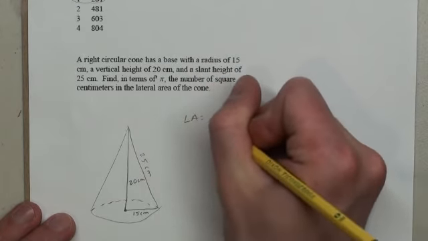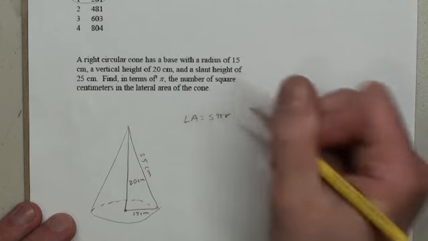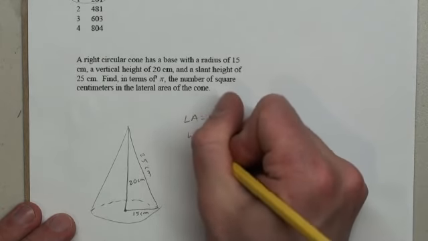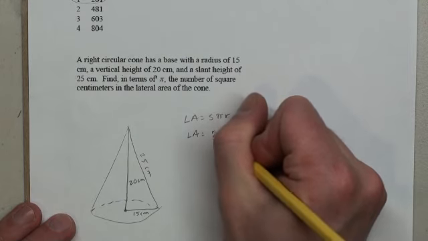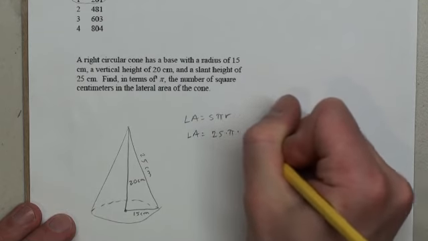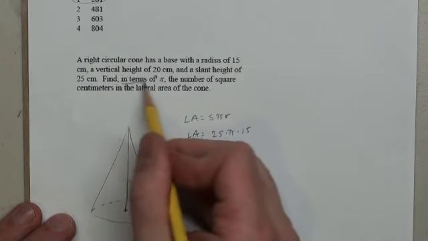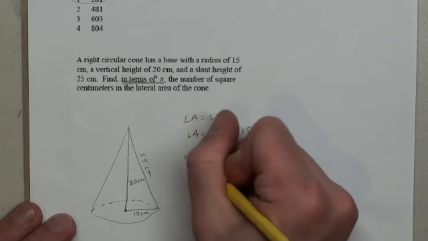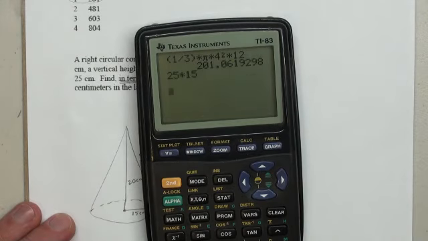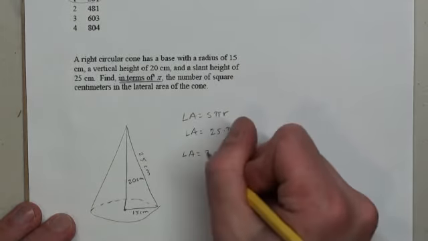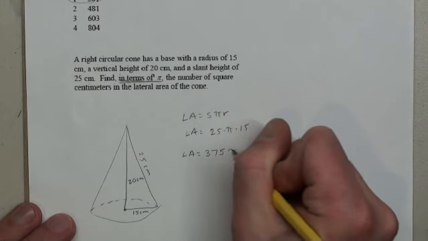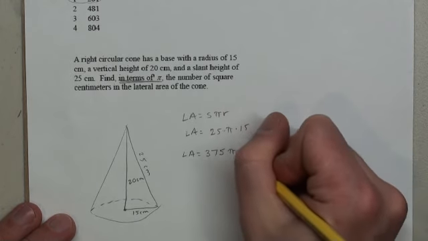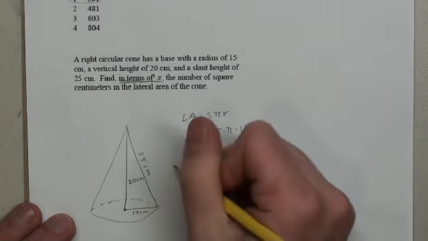Remember, the lateral area is just s pi r. So the lateral area is 25 times pi times 15. It says in terms of pi, so we leave pi in the problem. So the lateral area is 25 times 15, 375 pi, and that's centimeters squared.